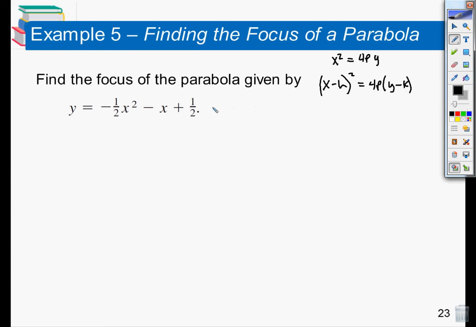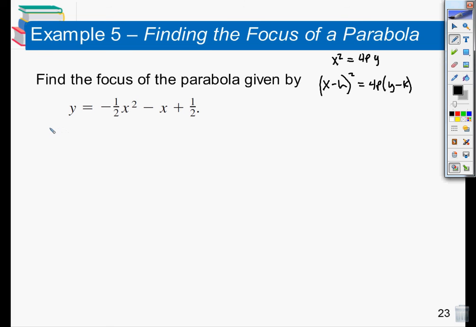So again, much like we did with the circle, we need to take this equation and manipulate it a little bit to make it look like it's in this form in order to pull out all of that good relevant information. Okay, so first thing, I want y's and x's on different sides of the equation. I don't like the fact that there's 1/2 here, so I'm going to change that first.